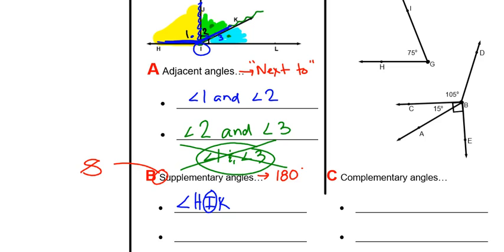Then what angle would you put with HIK? That would be this other angle on the other side, and that would be angle 3. We could name that using letters. We could use KIL if we wanted, but again, it's just all by itself, so we can call that angle 3.